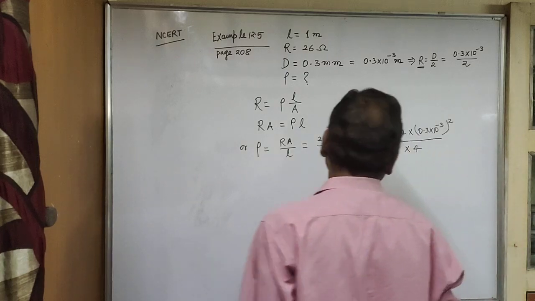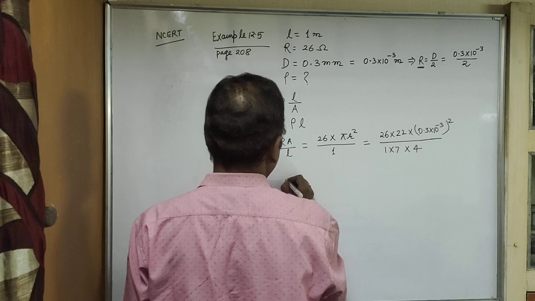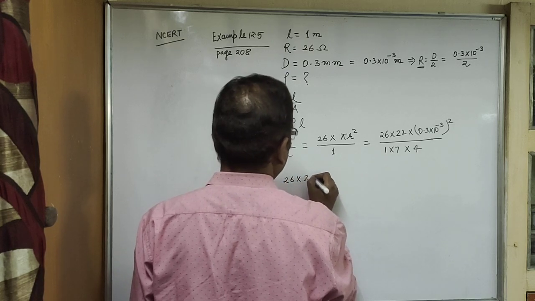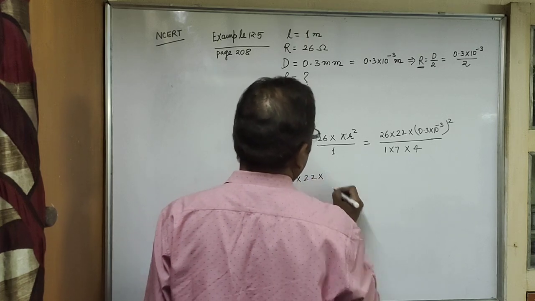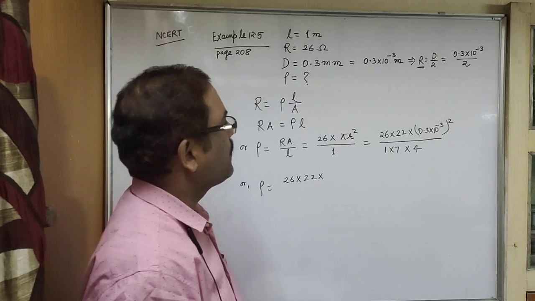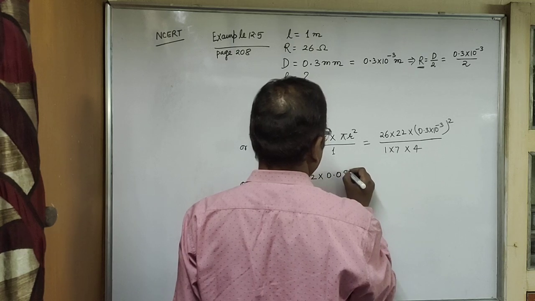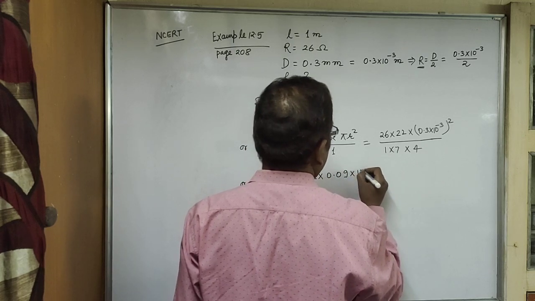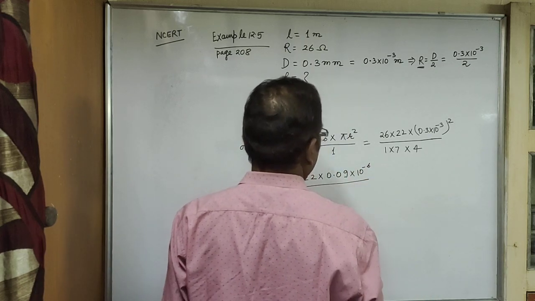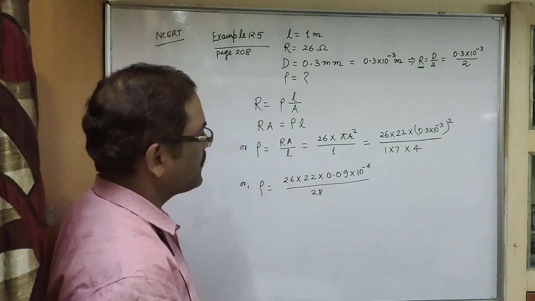So if you simplify it further, you will get 26 into 22 and then 0.3 into 0.3, it will be 0.09, and it will be 10 to the power minus 6, and in the denominator we have 28. 7 4s are 28.